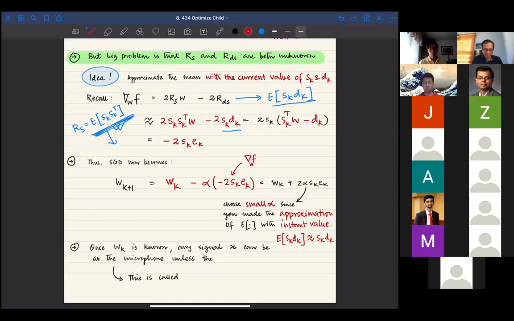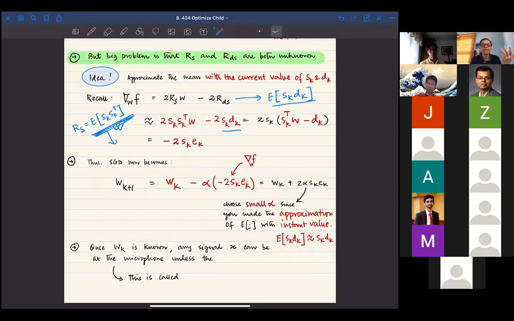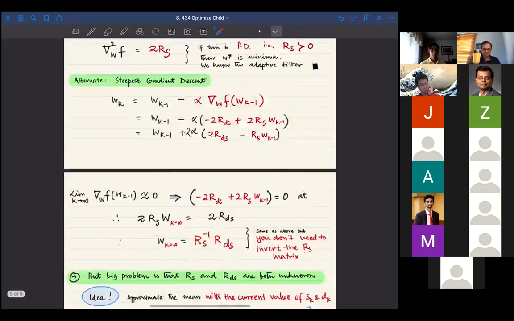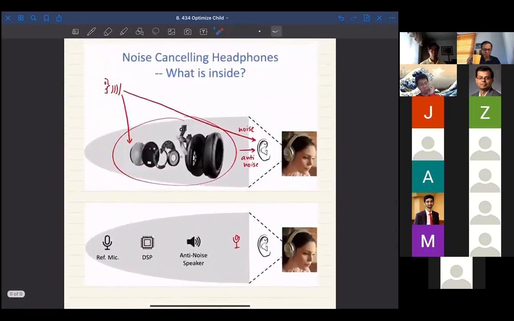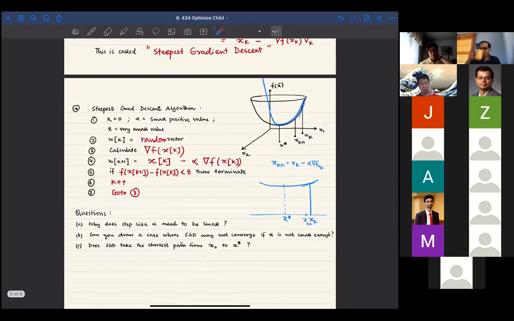Okay, very good. So once WK is known, by the way, let me first say, this is the end. Because now you have this gradient descent. You keep applying WK plus 1 until when do you stop? Guys, when do you stop? Is it when EK is equal to 0?